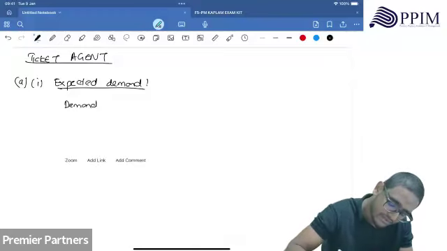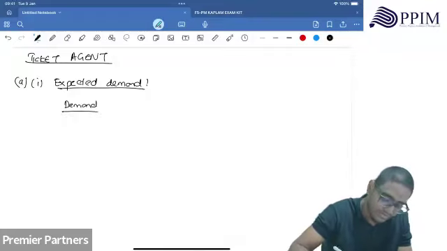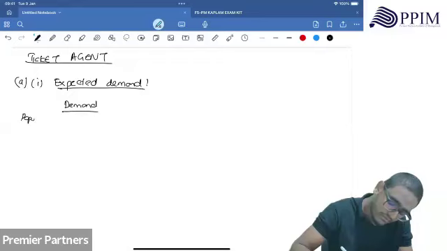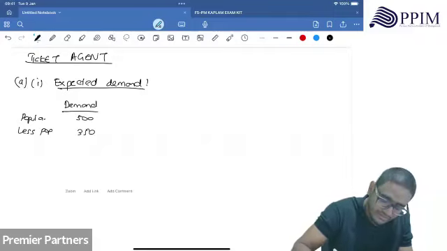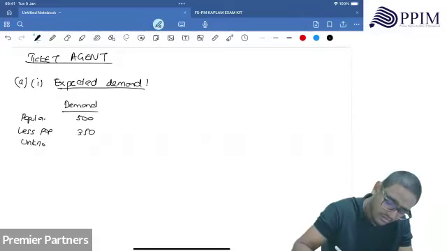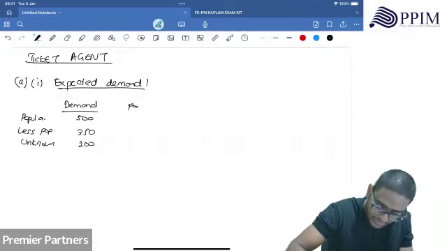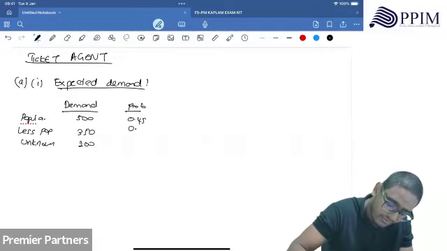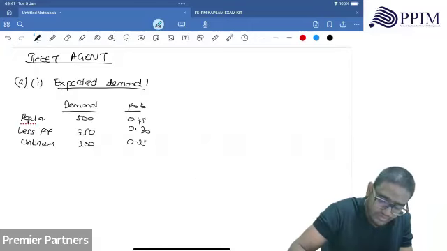Your demand for tickets will depend on the popularity. Popular, you have 500 tickets. Less popular, you have 350 tickets. Unknown, you have 200 tickets. The probabilities are 0.45, 0.30, 0.25.